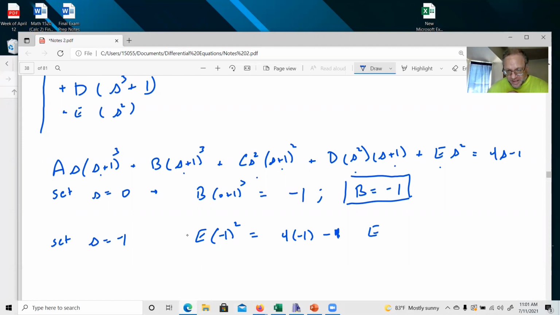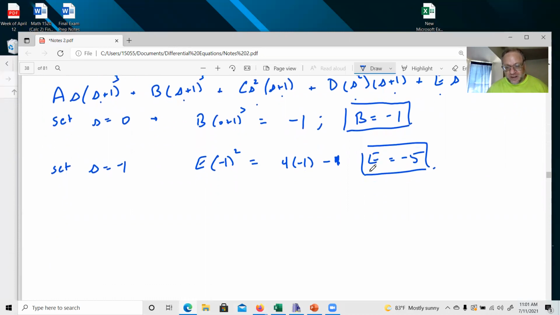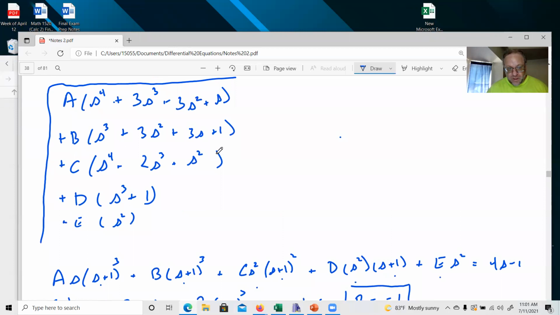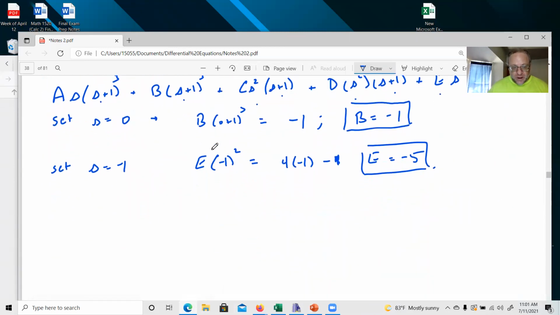So e is equal to minus 4 minus 1, minus 5. We are now down to 3 variables, 3 equations. That is a much easier sort of system to deal with. We don't have to deal with b and e here because we already know what they are. Now I'm going to go ahead and equate coefficients.